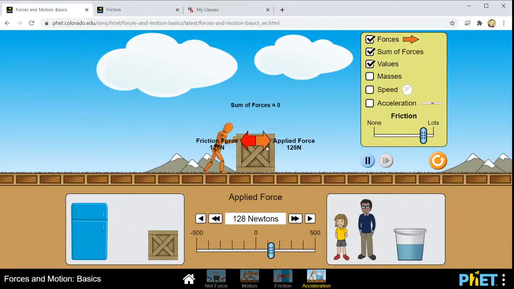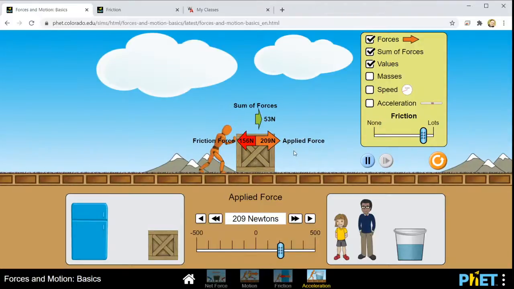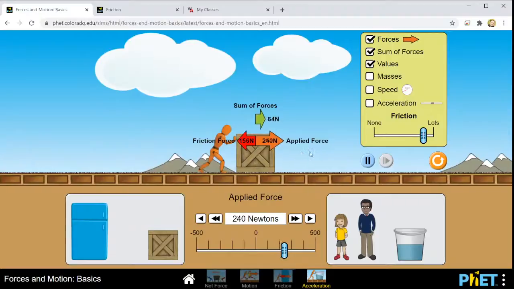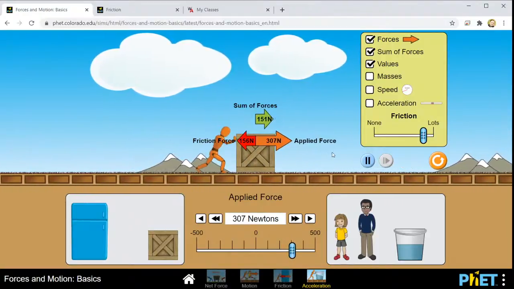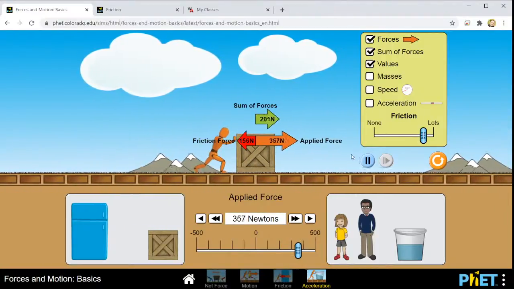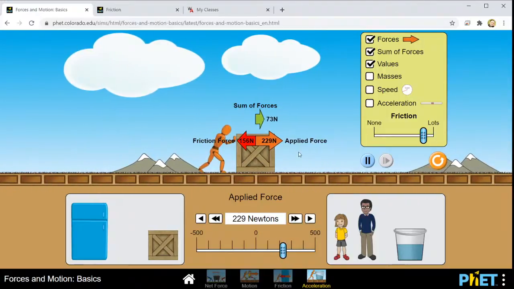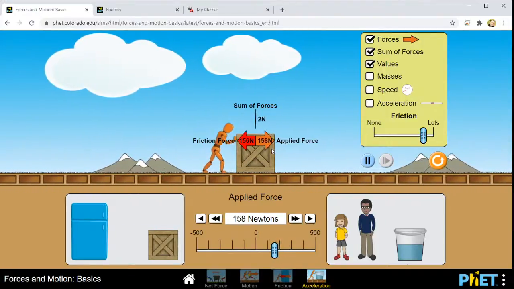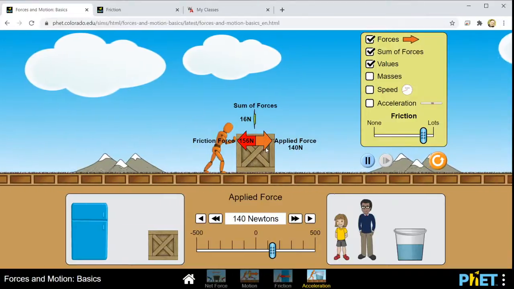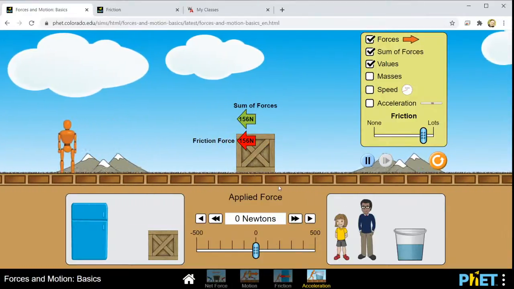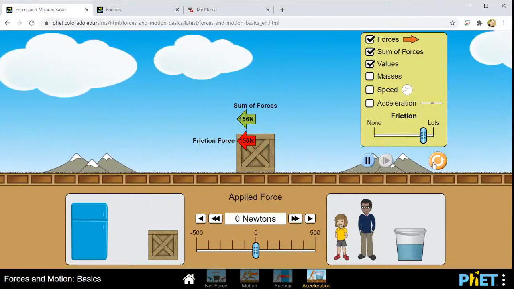Right around 190, 170, 180, 190, and almost there. And if I increase the applied force, the frictional force doesn't change now. Let go. Yeah, come back here.